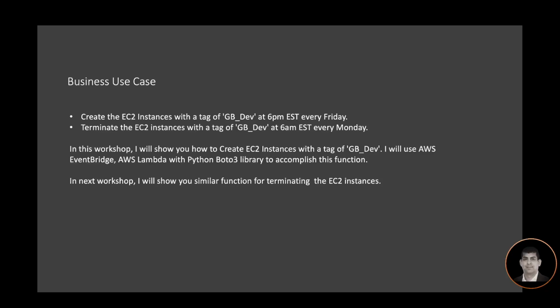In this workshop, I will show you how to create EC2 instances with a tag of gbdev. I will use AWS Event Bridge, AWS Lambda, and Python Boto3 library to accomplish this function. In the next workshop, I will show you a similar function for terminating the EC2 instances.